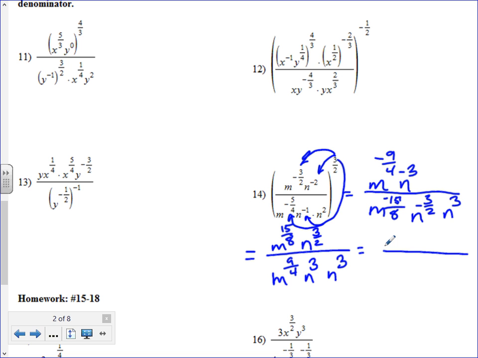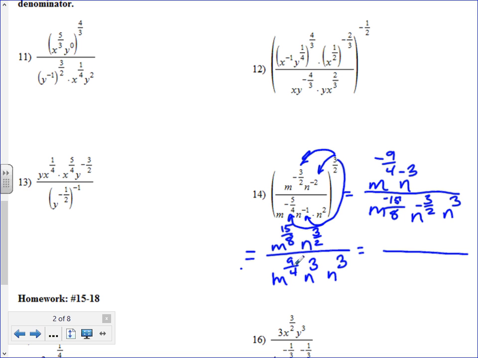You gotta add them. What would you add? 15 over 8 and now 4. These N's, you don't add these, no. Okay. Which one's bigger? 9 over 4 is bigger. If you don't know which one's bigger, you need to use your calculator to convert it to a decimal.